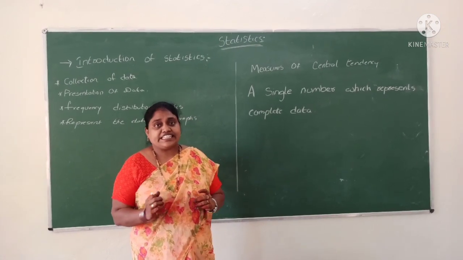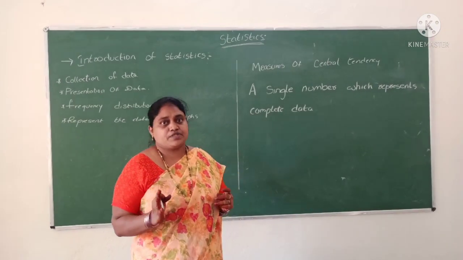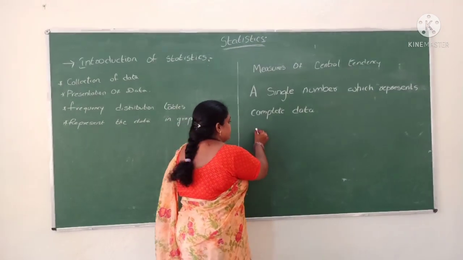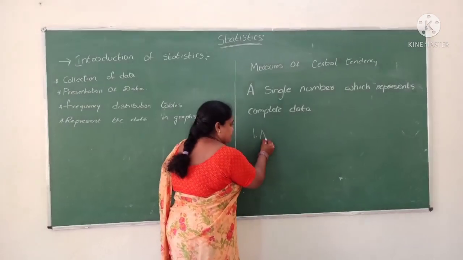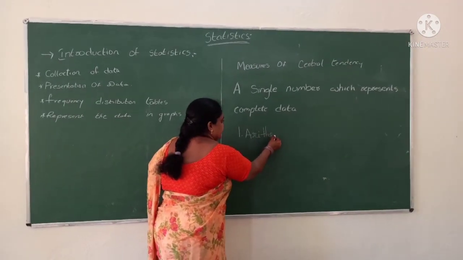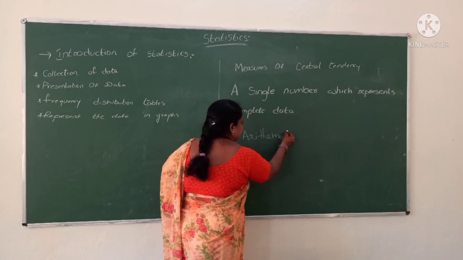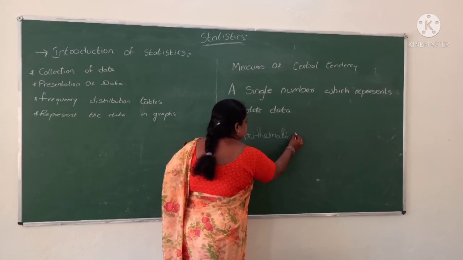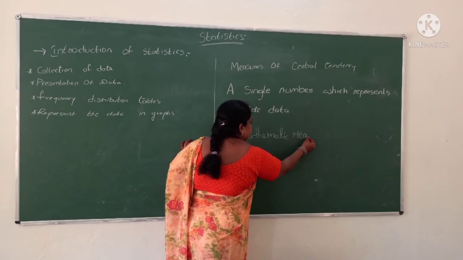It is of three types. The first one is arithmetic mean, represented as x bar.